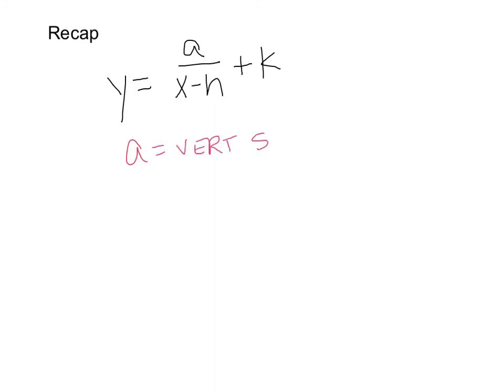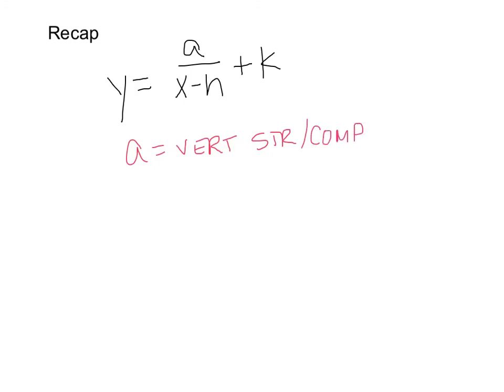So I'm just going to do a little recap. The transformation form of a rational is y equals a over x minus h plus k. Remember that a tells you the vertical stretch or compression. Usually it's a stretch.